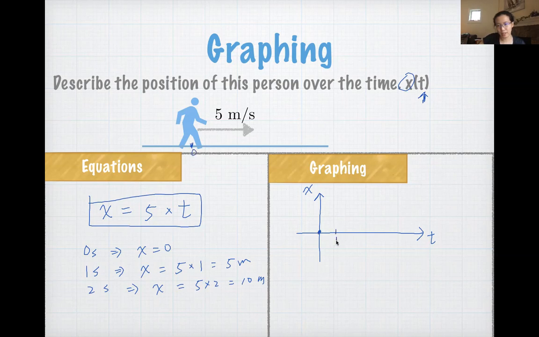After 1 second, this person would be at 5 meters. And after 2 seconds, the person would be at 10 meters. So now I can connect all the dots of the trajectory together, and you will get a linear line.